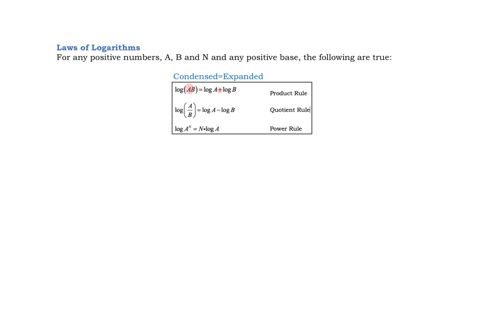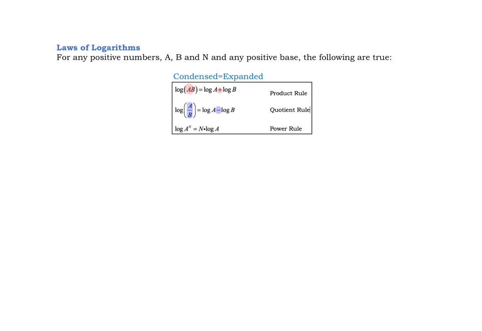And vice versa, if I have two logs that are separated with addition, I multiply their arguments together. The next one is if I have an argument that is being divided, I separate it through subtraction. And to condense it, if I'm subtracting two logs, I put their arguments together through division.